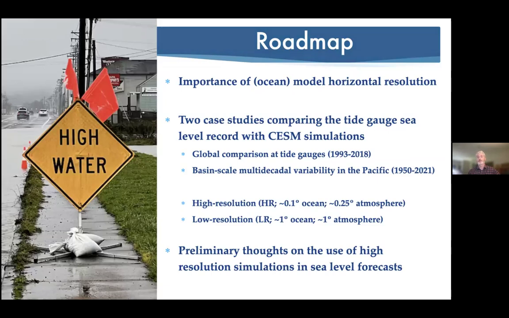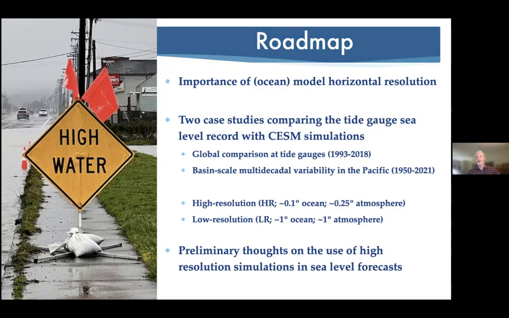The first one is going to be focused on more of a global comparison, point-wise, at tide gauges. And then the second part, or part of the meat of the talk, is going to be on some early work looking at basin scale multi-decadal variability in the Pacific. So we're looking at sea level observations, but we're using CESM simulations in order to see how the models do, and then to try to understand some of the mechanisms.